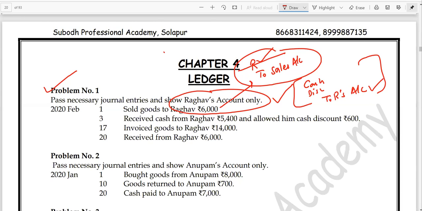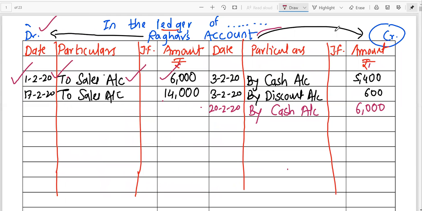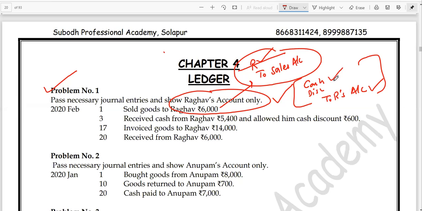So go to Raghav's account credit side. Write down the date first, and then write down 'By'. This is presentation. On the credit side of the account, we write in the particulars column 'By', and then check the entry. If you cut down Raghav's account from this entry, this is only for you.